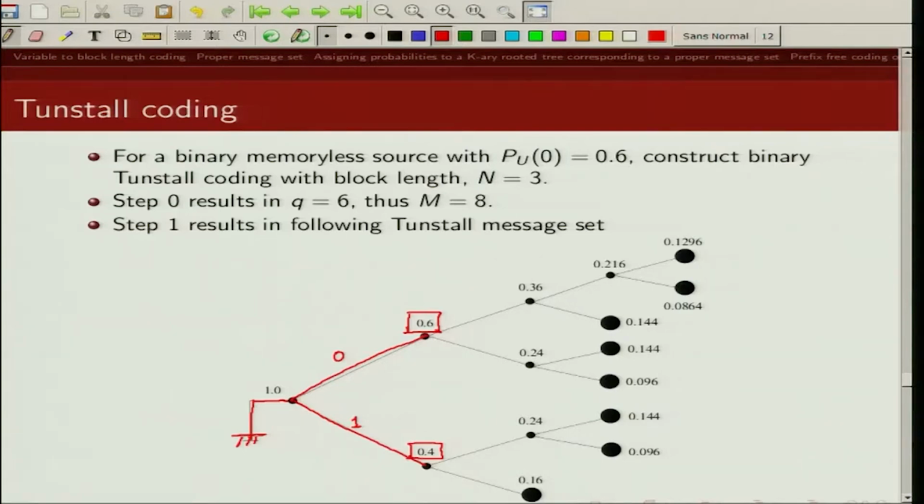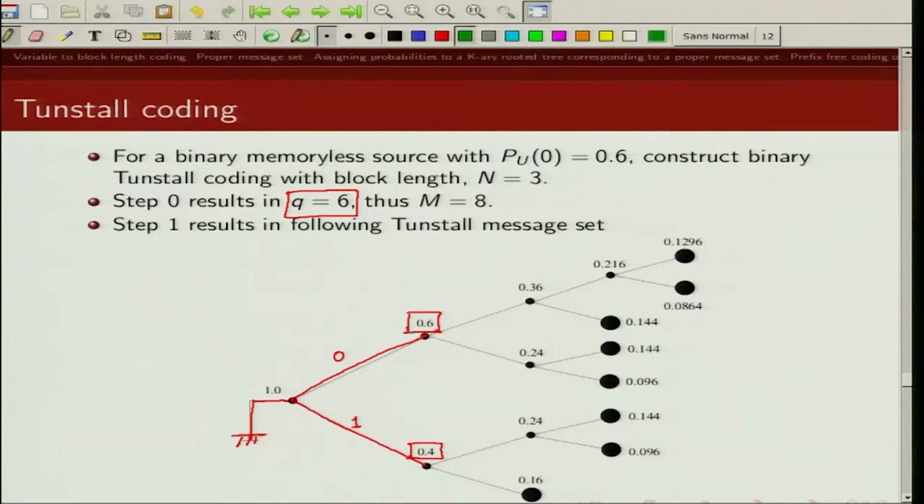Now remember, I need to do 6 extensions of the most likely leaf, correct? So this is my extended root and I need to do 6 extensions of that. So first, what should I do?